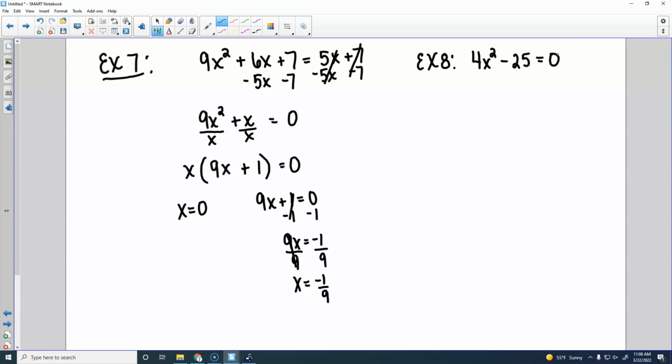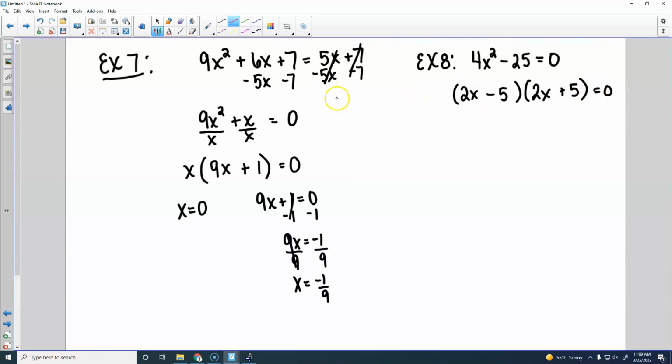Jada? Okay, so we're factoring, and it's got a special name. It's a difference of squares, right? Because I have that middle term canceling out.